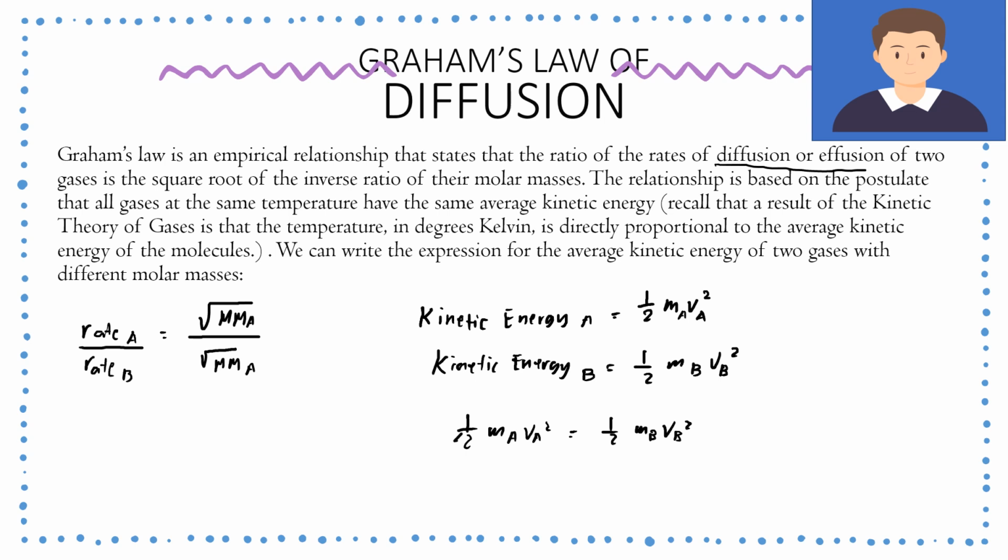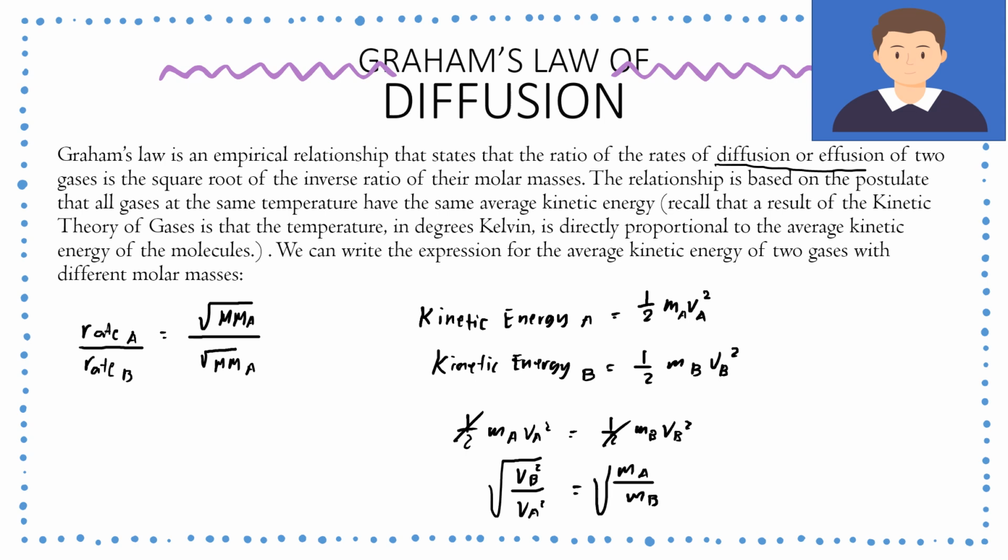So the 1/2 cancels out. Relating the masses of the two gases, we have ma over mb equal to vb squared over va squared.